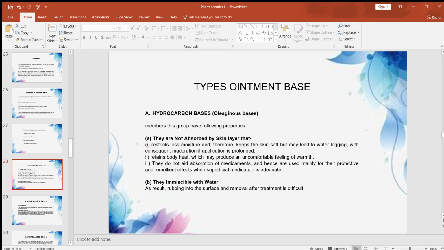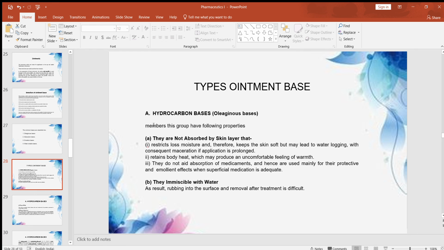What is the other type? Absorption. What is the third type of base? Emulsion. Anyone who will mention the last type of base? Yes, water soluble. Okay. So I will take up these hydrocarbon bases.